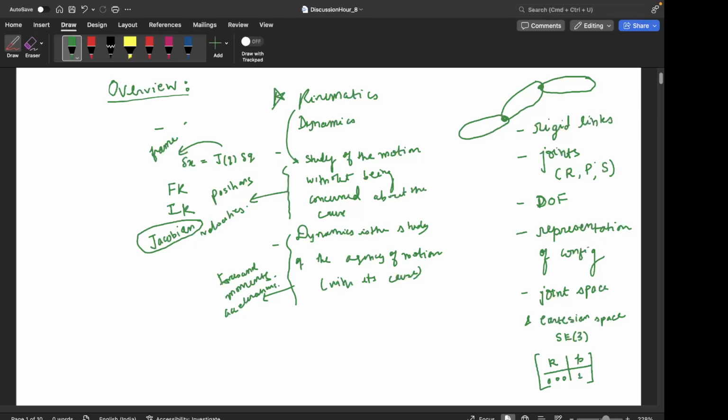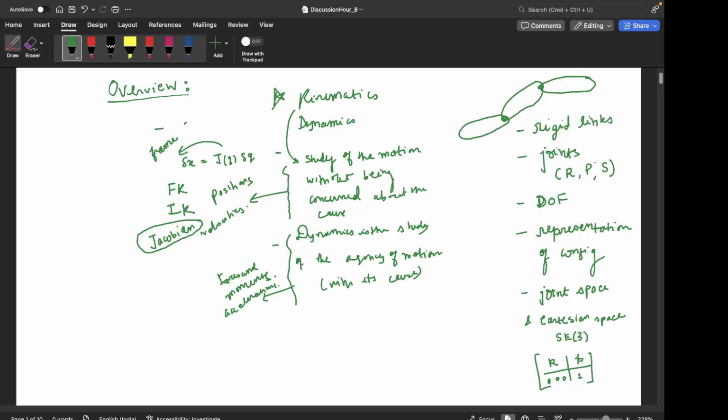So if for a system we know the equation of motion, then we say that we know the dynamics of the system, because if I know the forces, then I can calculate the accelerations, and given a known starting configuration of the manipulator or of the system, we can integrate to find velocities, and then from velocities subsequently we can find positions.